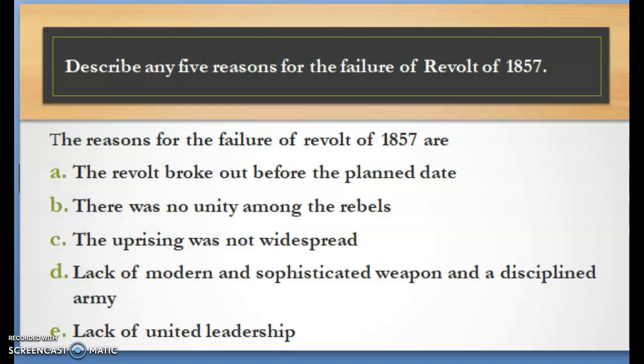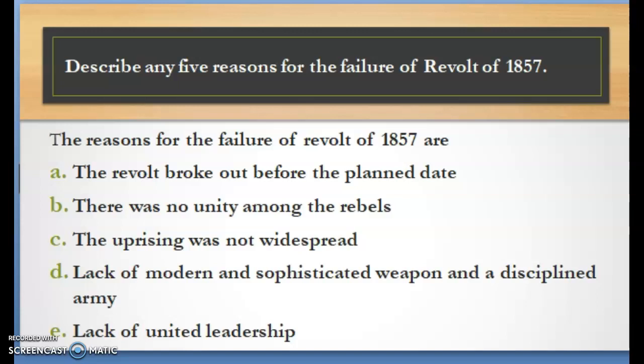Second, there was no unity among the rebels. The rebels were fighting for their own reasons. For example, the sepoys of Bengal wanted to revive the glory of the Mughals, while Nana Sahab and Tatya Tope tried to reestablish Maratha power.